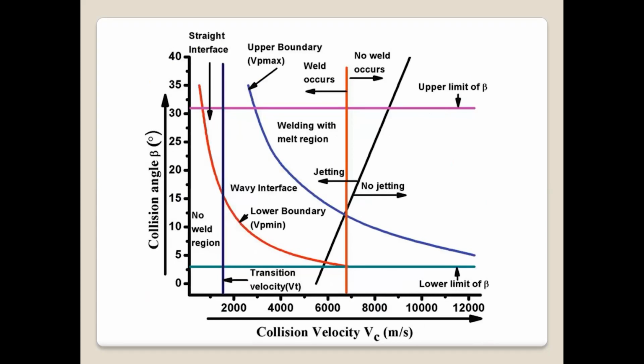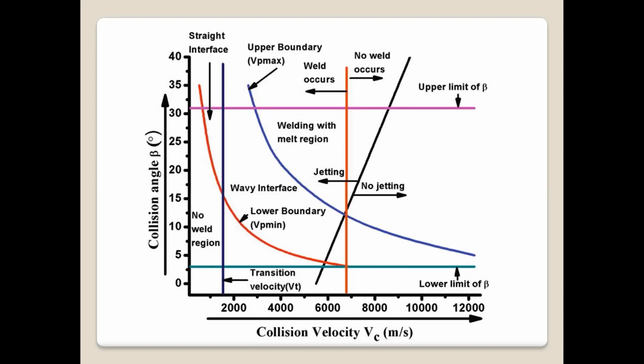Here on this slide, we can see a little bit complicated diagram, which is actually showing us some limits of the potential welding process. To perform explosion welding, we need to be between certain limits of velocity of detonation of the applied explosive.